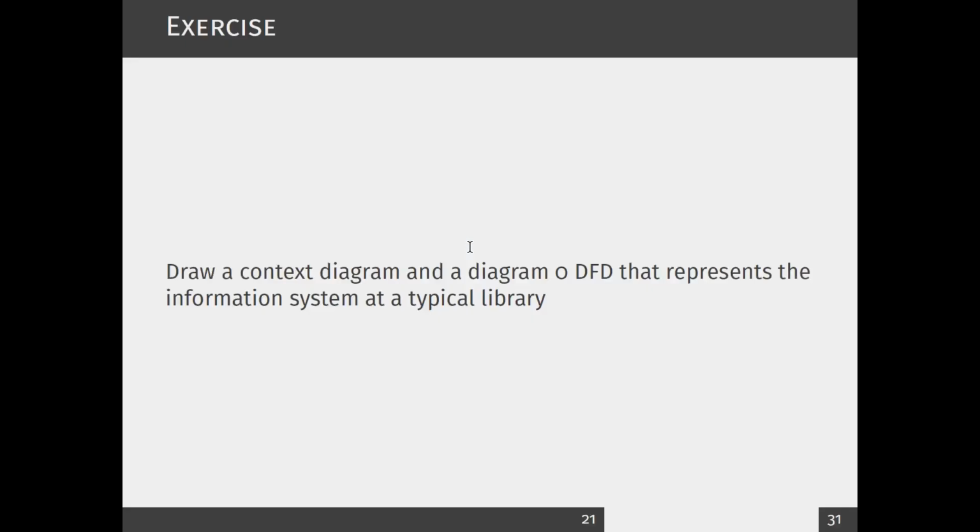Okay. Now that we have discussed the details, let's do a small exercise. How many of you are here today? We have 7. Each of you, let's draw a context diagram.